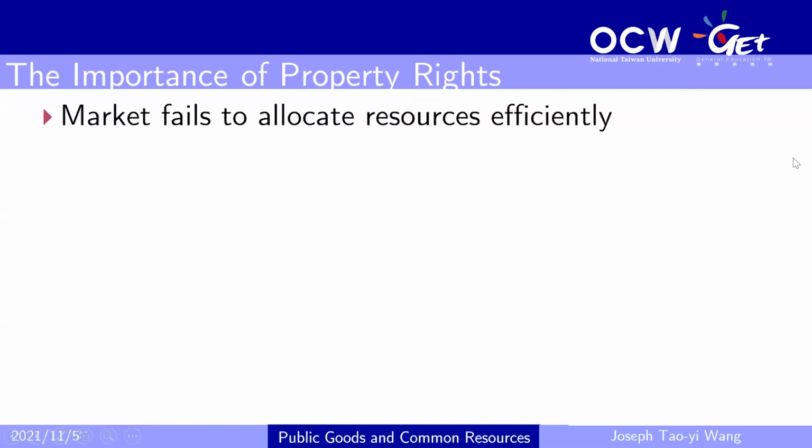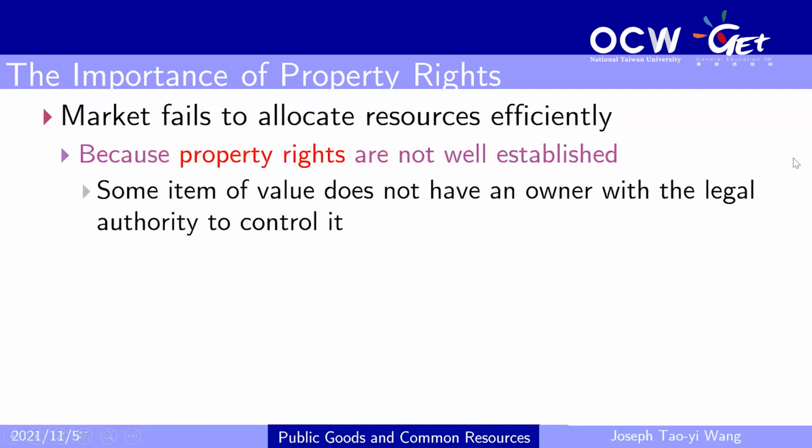One thing I do want to point out is that the fundamental problem for market failure is the lack of property rights. Who has the right to decide? When there are no well-defined property rights, like who owns clean air, who owns the fish in the ocean, or who owns the good discussion environment on social media, the ownership is not well-defined.